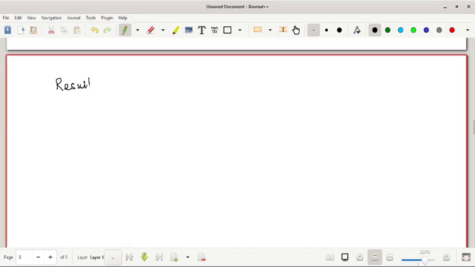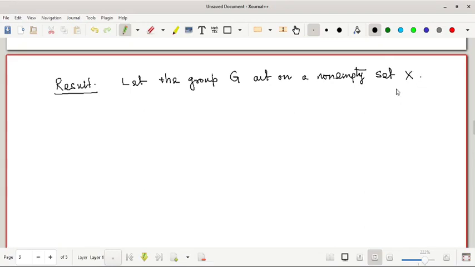Result. Let the group G act on a non-empty set X and let x belong to capital X. Then the index of Gx in G, this is the symbol by which we denote the index of Gx in G. You know what is the meaning of index?